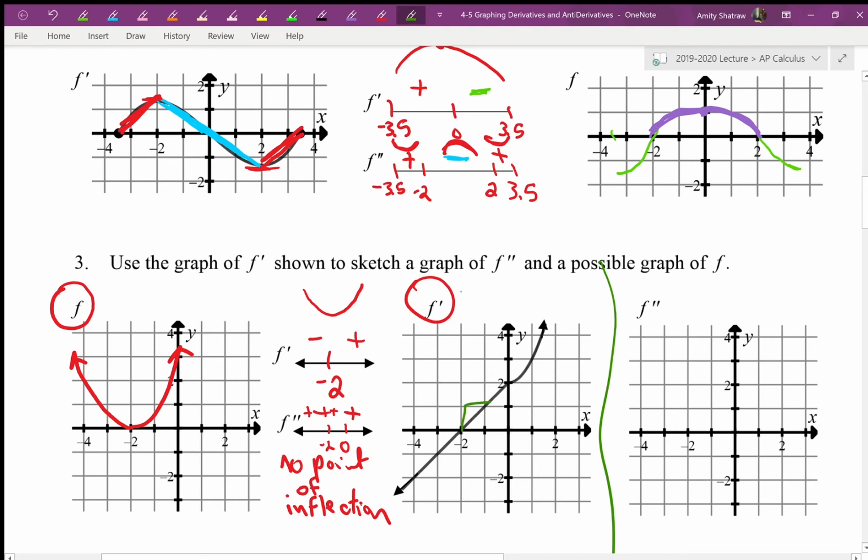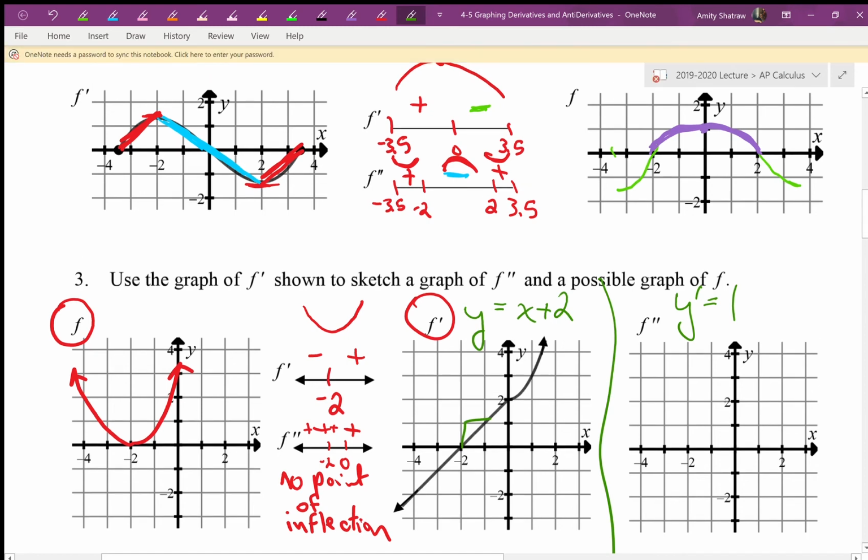So the equation of this line is y equals, and it's a positive slope. So it's x, it's going up 1 over 1, and it has a y-intercept of 2. And so if I want to take the derivative of that, y prime would be 1, literally, just 1. And so here's 1, and all of that is my derivative of this first section right here, okay?